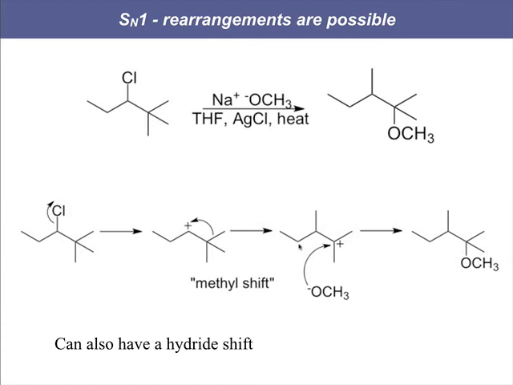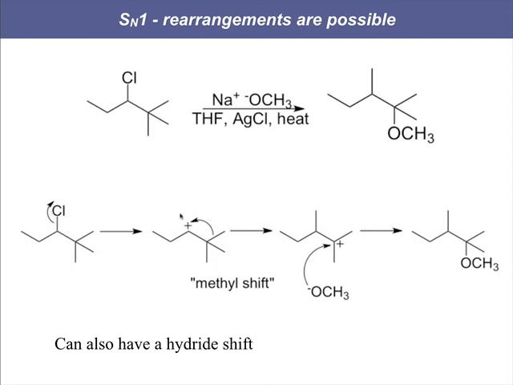A good question would be, why does the nucleophile add to the tertiary, but not the secondary? And the answer is that because the tertiary is so much more stable, it is around for much longer. As soon as the chlorine leaves, remember that in the SN1 reaction, the leaving group leaving is the rate limiting step. That first step is the rate limiting step. So this step is very slow.